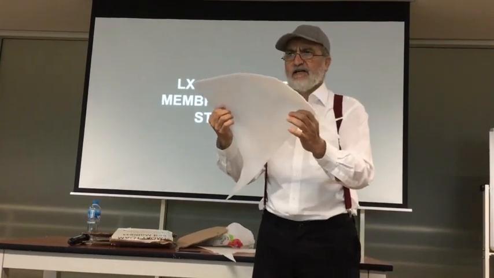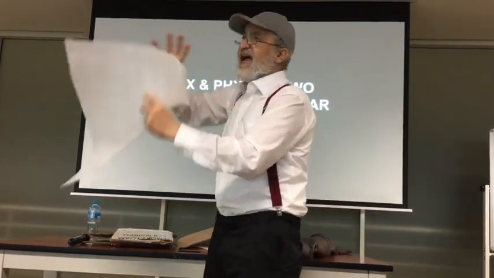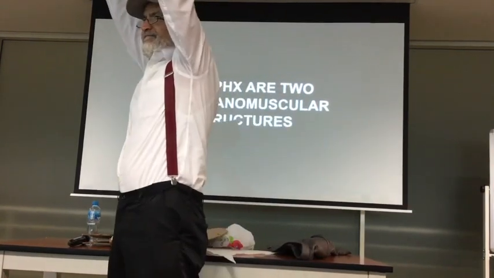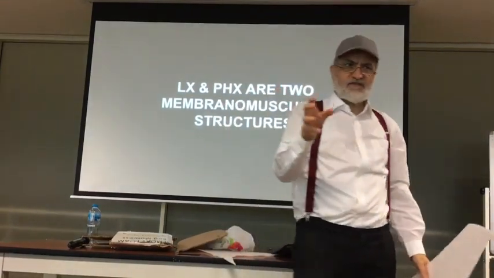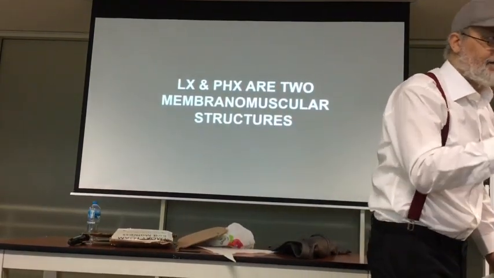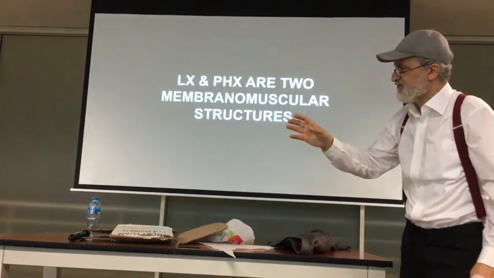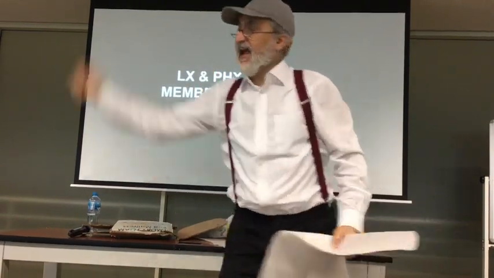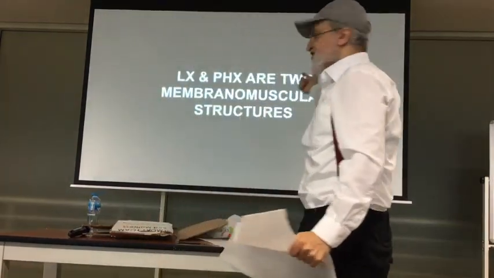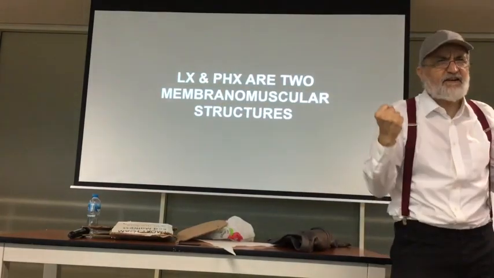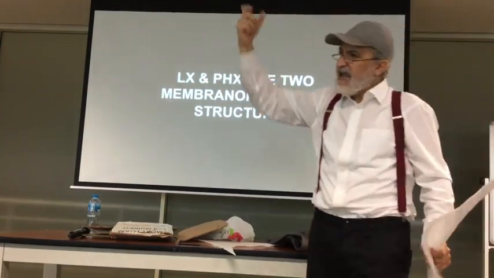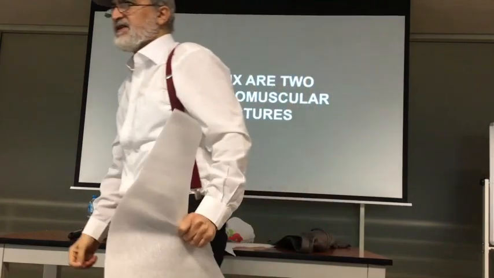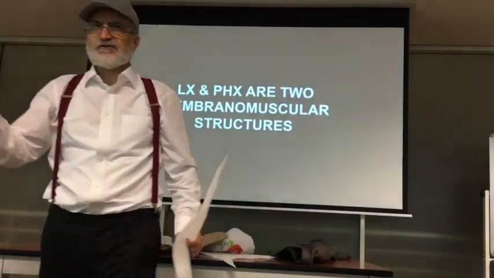I call it fascia. And on top of this fascia, hanging to this fascia, muscles. The larynx is a membranous muscular structure. It has 3 membranes and muscles attached to the membrane. The pharynx is a membranous muscular structure having a very strong fascia attached to it, muscles, 3 constrictors.